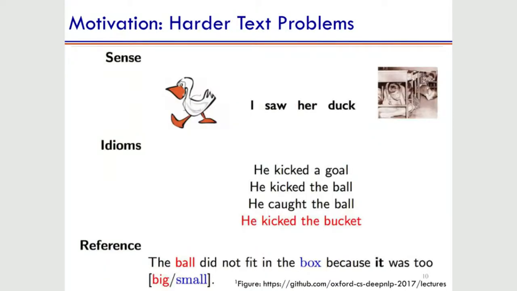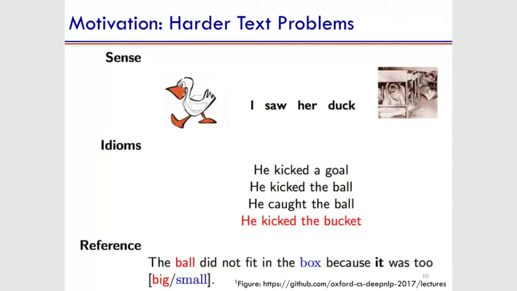So let's see. But there are a lot of issues with text, actually, with natural languages, which is the meaning. Computers really don't know the meaning, or at least we think they don't. For example, "he kicked the bucket" has a meaning which is not literally kicking a bucket, but something else, right?